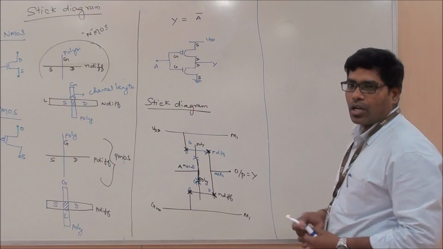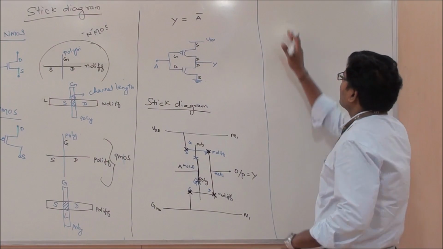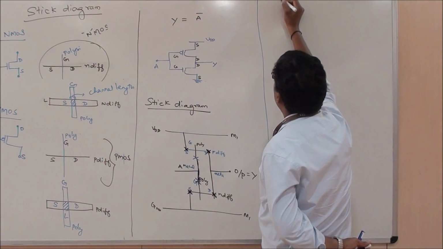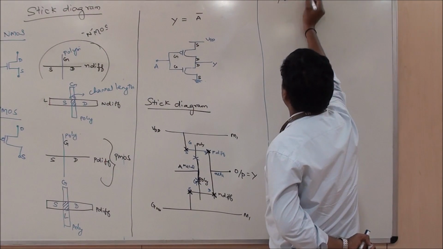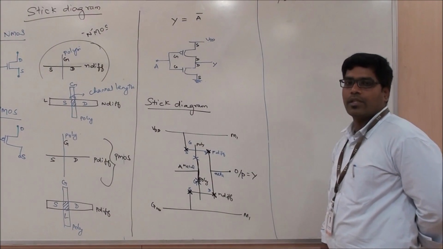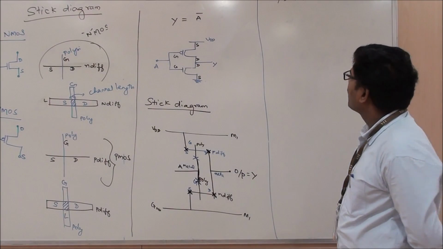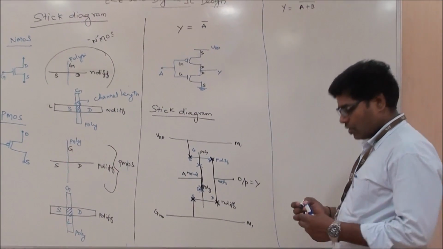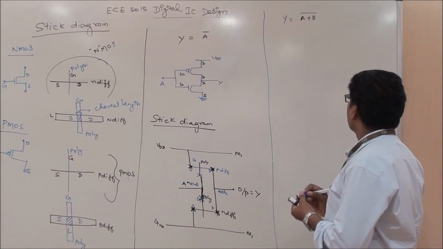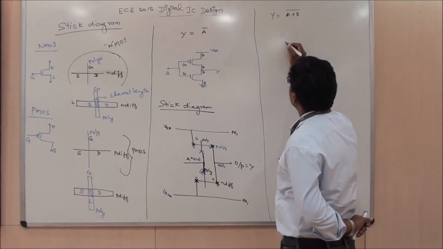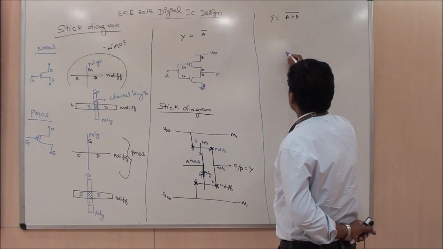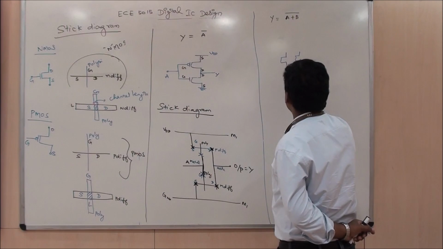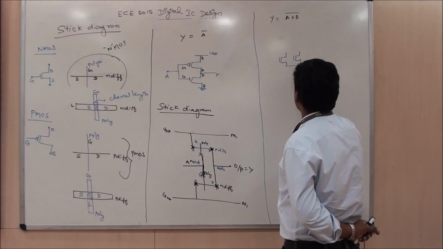Similarly, the same thing could also be extended for, say, the function Y equal to A plus B the whole bar. This is a simple NOR gate. The implementation of this NOR gate goes something like this. I have A, B. The schematic structure for this one is two NMOS transistors in parallel.